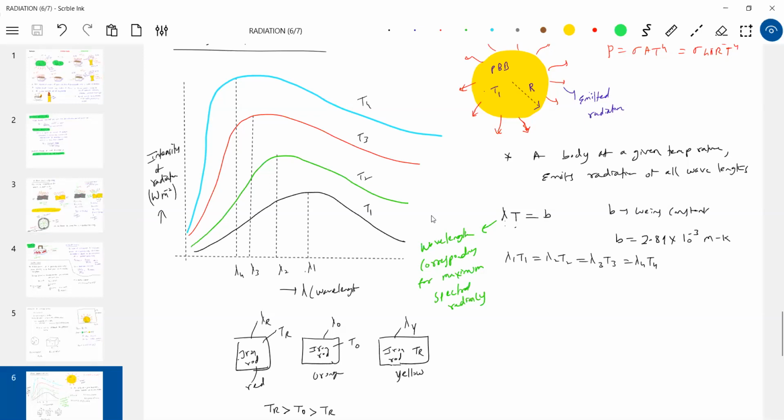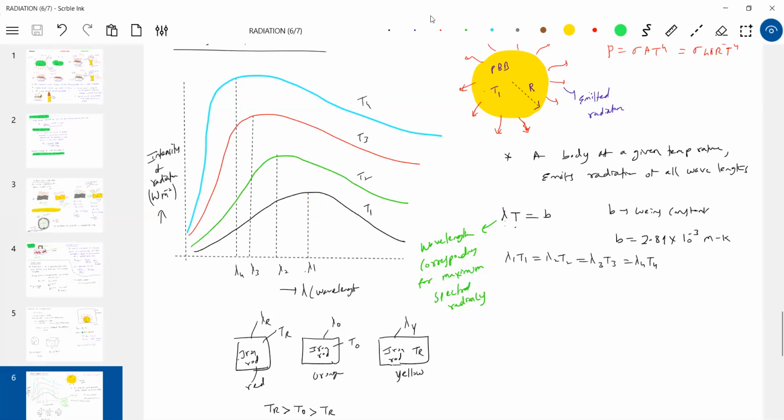Total energy radiated by a body. That's all, no? The area under the curve, because you see that if I increase temperature, the total power radiated will increase. So the area under the curve is also increasing. So therefore, the area under the curve, what will it signify? The total energy radiated by a body.